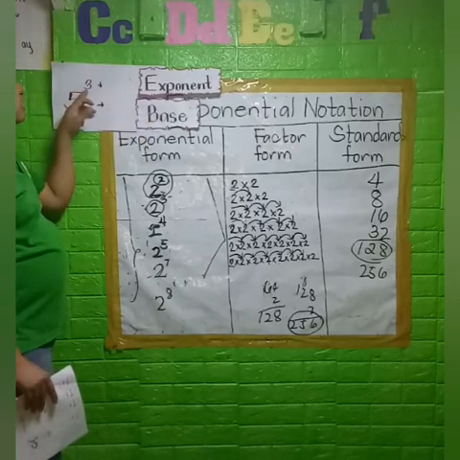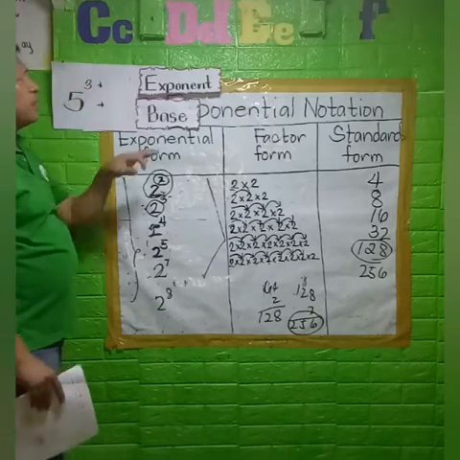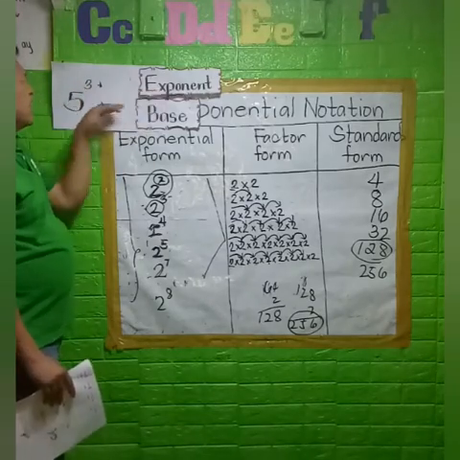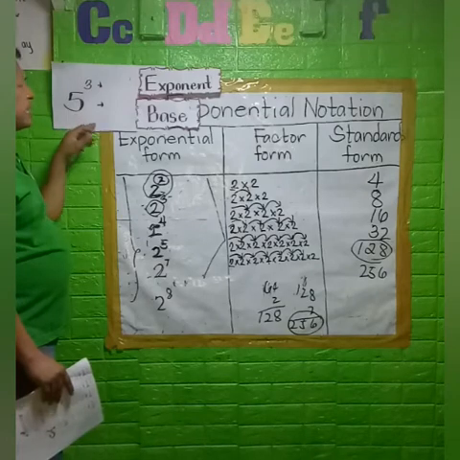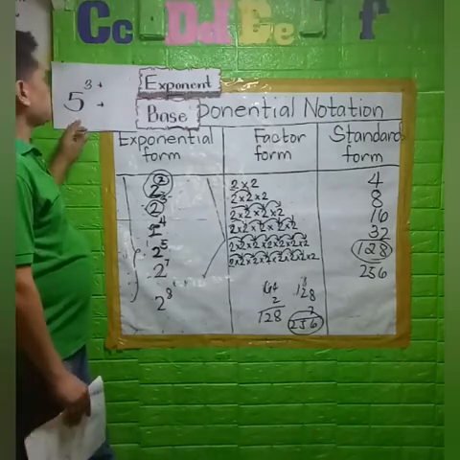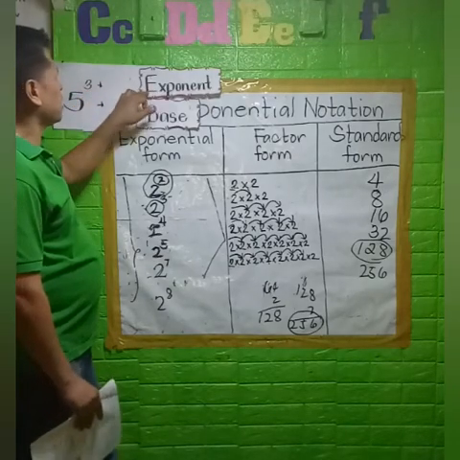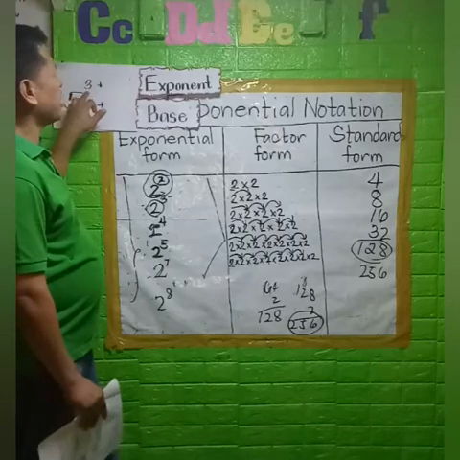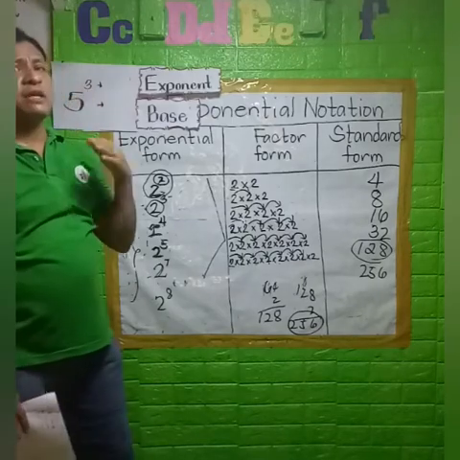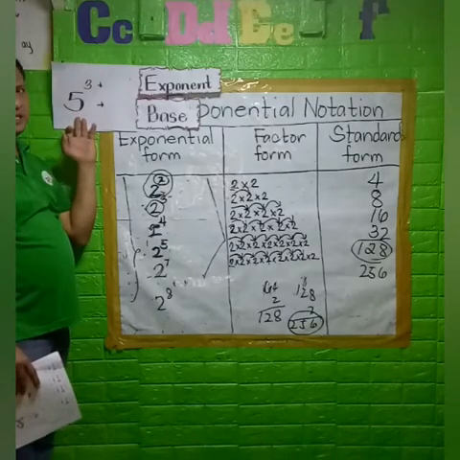While the 3, which is written in a small number, that is the exponent. The 5 is the base because this is the number that we are going to multiply. Then the 3, which is the exponent, determines how many times we are going to multiply the factor or the base.